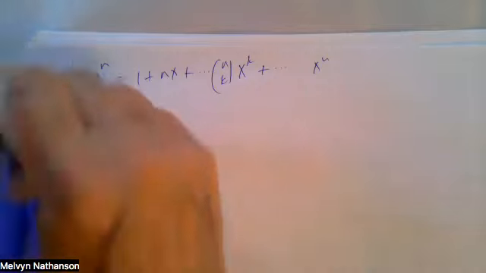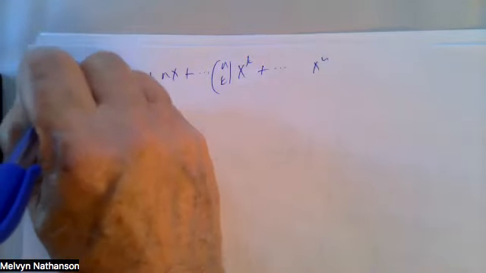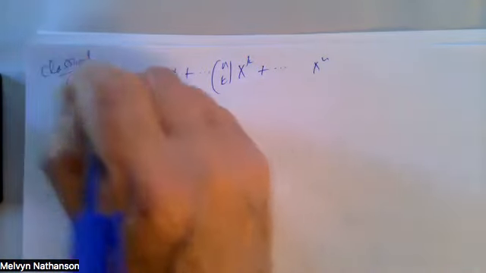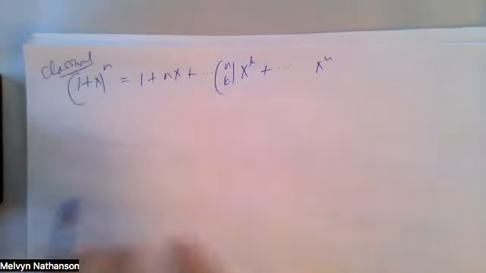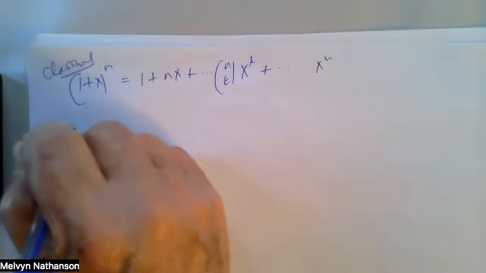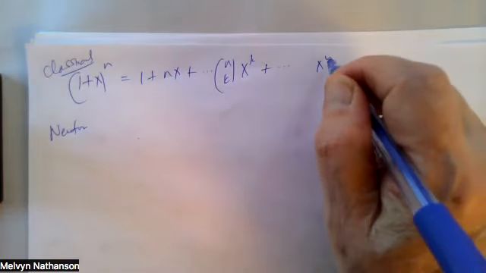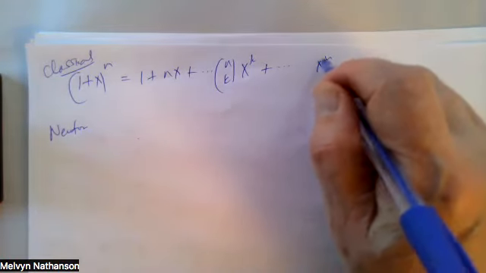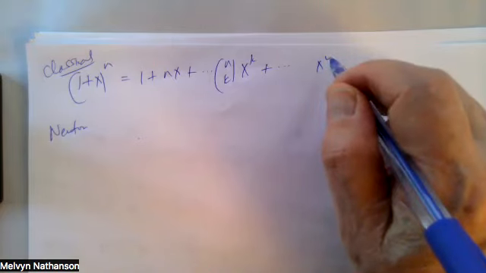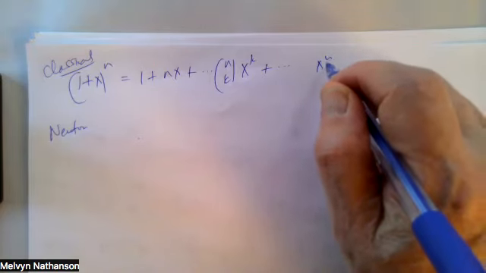And Newton's, so this is classical, where n is a positive integer. And Newton says the following, and you might say, well, in this series, why doesn't it go on forever?